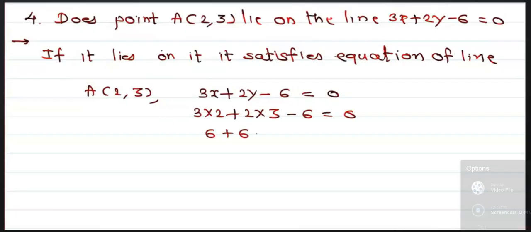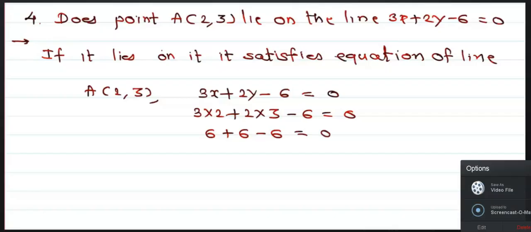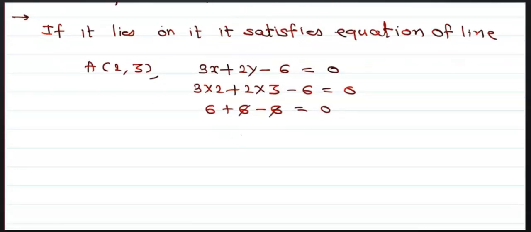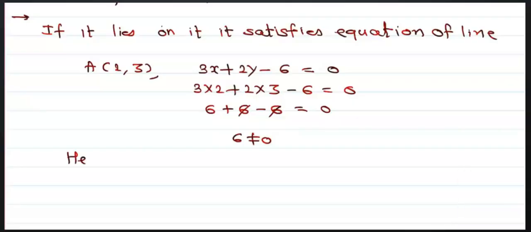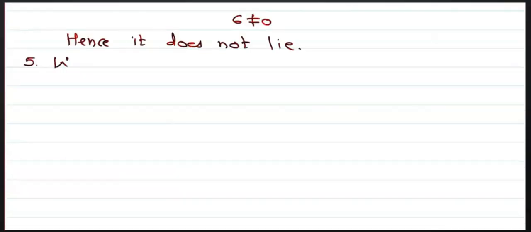Simplify. That is not equal to 0, therefore the point does not lie on the line, hence it does not lie.